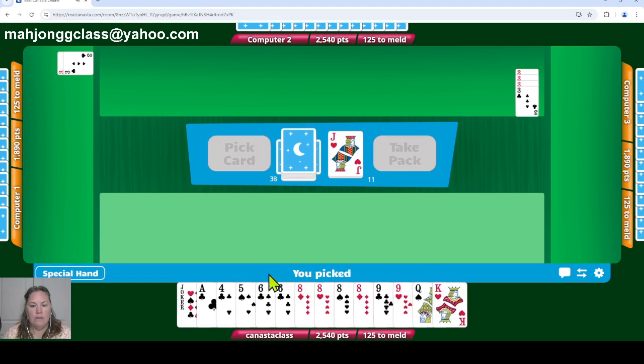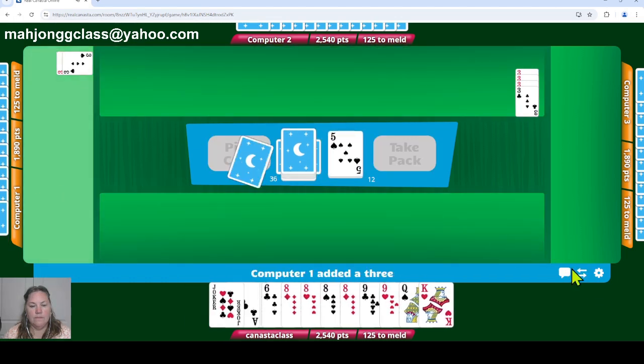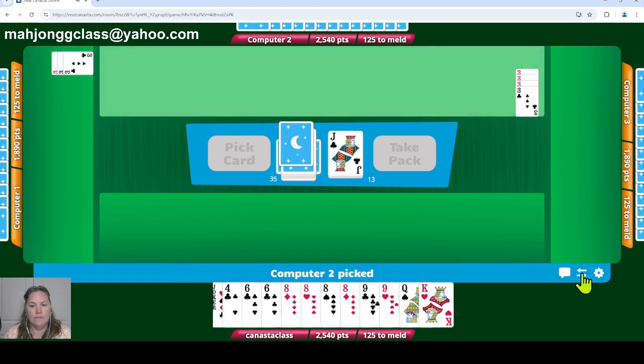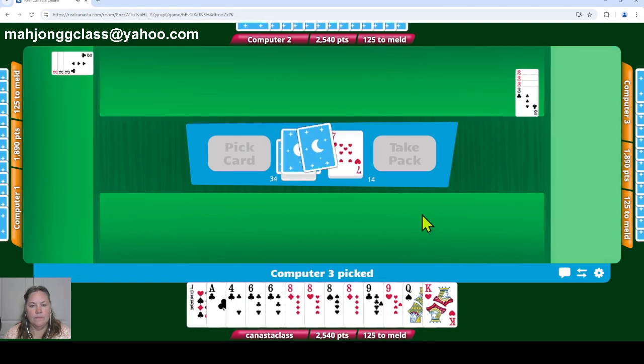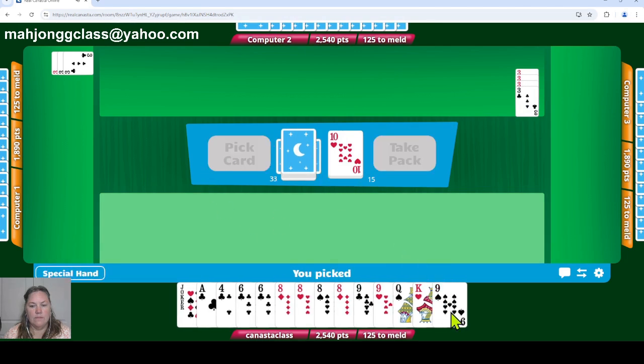My partner put out a 5. I'll go ahead and put out a 5. Oh, there's jacks in there. Put out a 4.